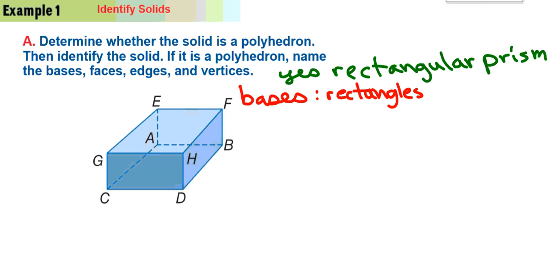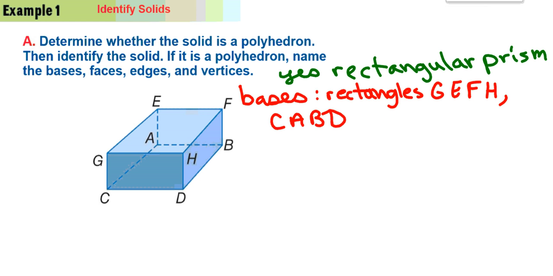So rectangles GEFH, comma, and CABD. I'm only writing the word rectangle once because once a rectangle, always a rectangle. If I change shapes, I would write the name of the shape.